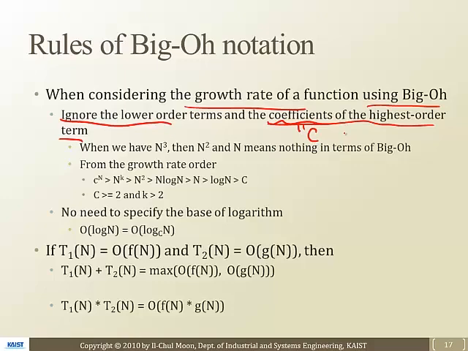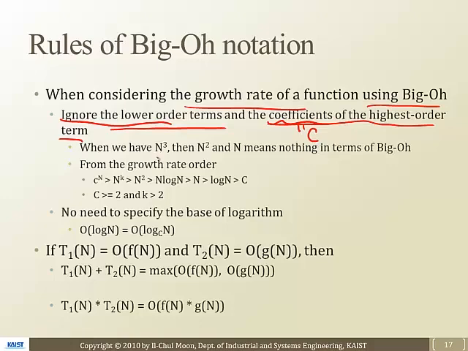And ignore the lower order terms because their growth rate is too small. The higher growth rate always overtakes the lower growth rate terms. So if we can satisfy the maximum growth rate term in that formula, then we can say that it bounds the worst case of the given function.